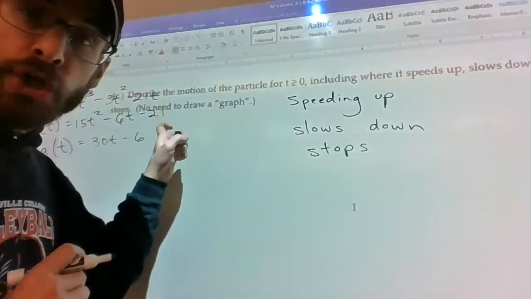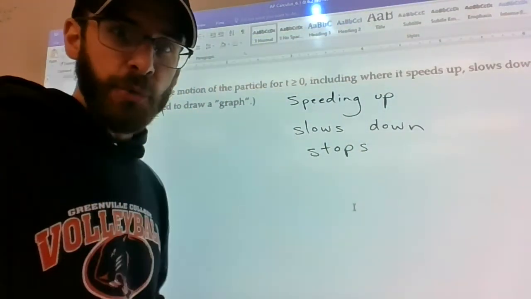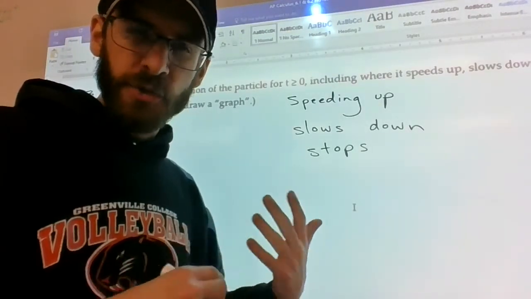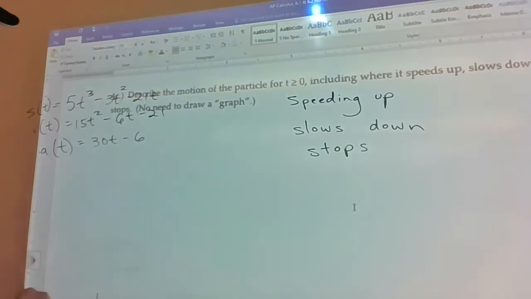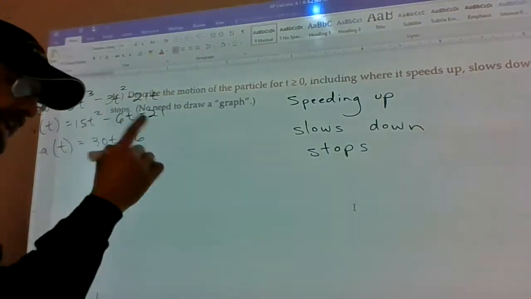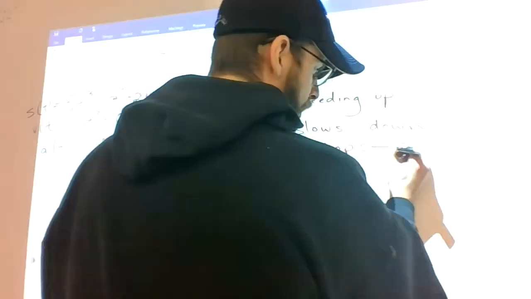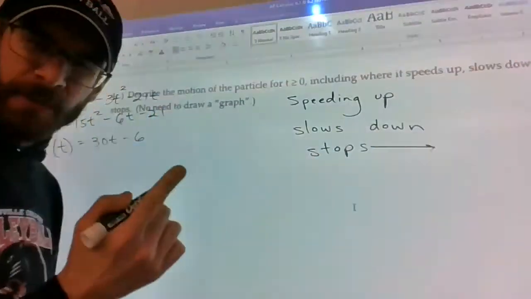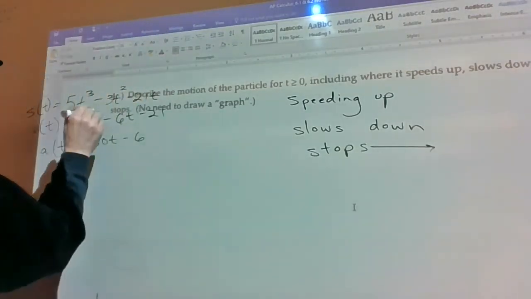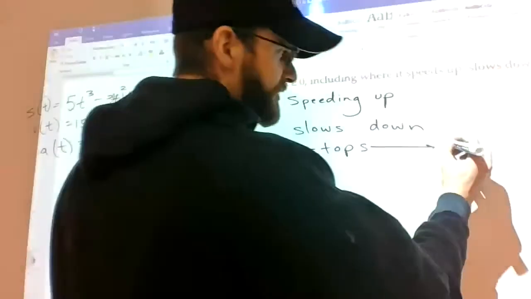And I'm actually going to draw a graph of the situation because I think you had to do that through the reading material. I just want to show you guys what that looks like. So first things first, we can talk about where a particle stops because I think this makes the most sense. A particle would stop when the velocity equals 0.